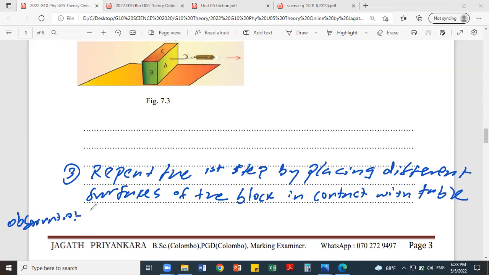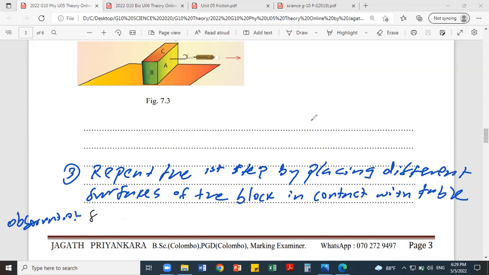In all three instances, limiting frictional force will be the same. For all the surfaces, reading of the balance will be the same. That means limiting frictional force will be the same.